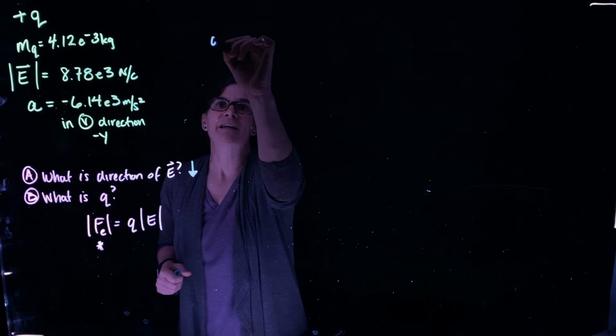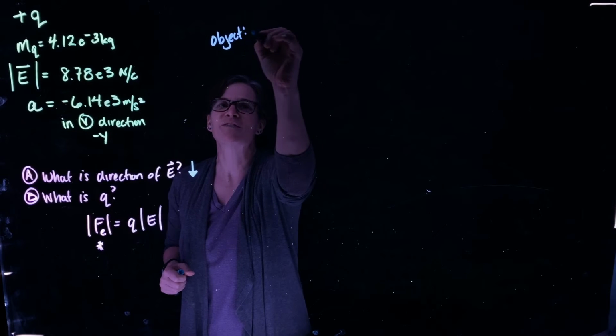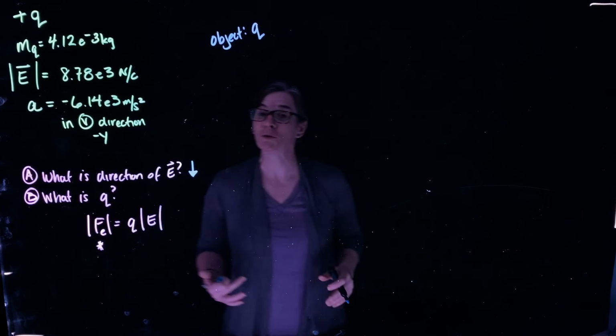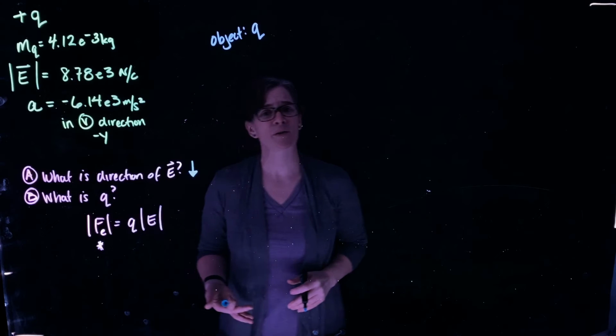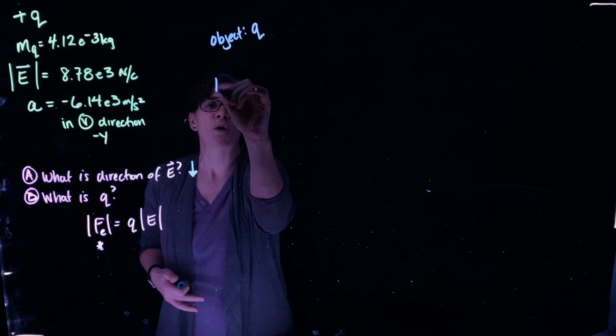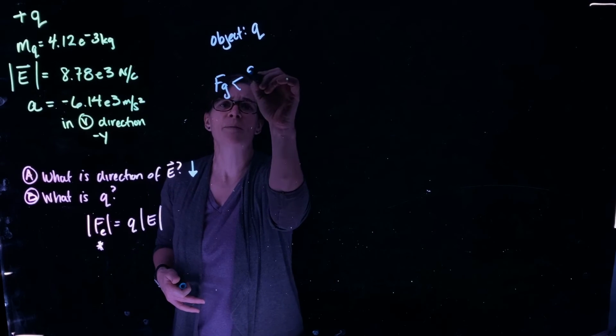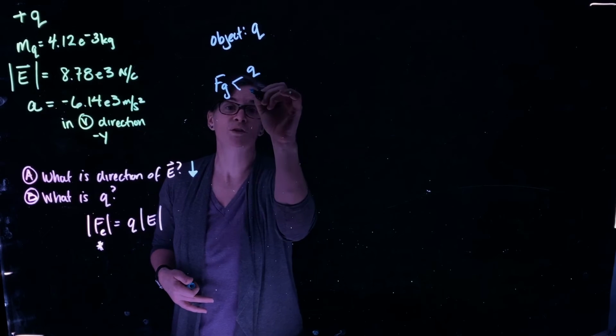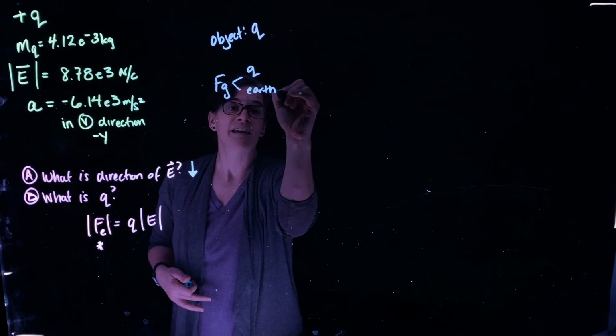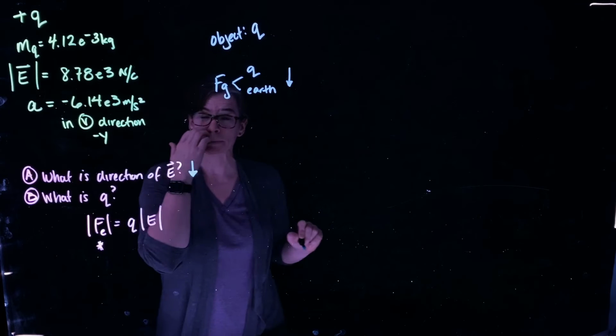So in our force analysis process, we first identify that object Q. We've already talked about the two forces acting. We know that there's the force of gravity between particle Q and the Earth, and that's always in the downward direction.